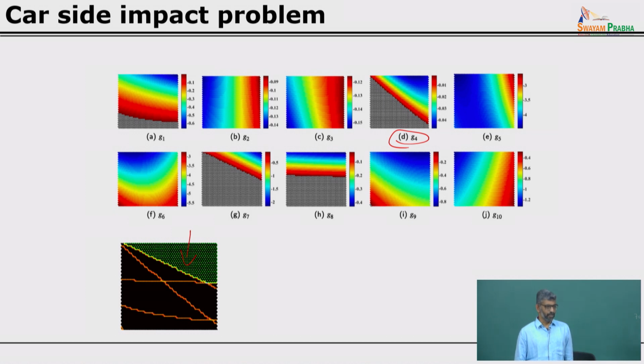Because if you look at it, we overlapped all these constraints and this is the space that we got and this space is mimicked by G4. So, if I am going to change G4, whether I reduce it or increase it, that will affect the feasible space directly, almost 100%.